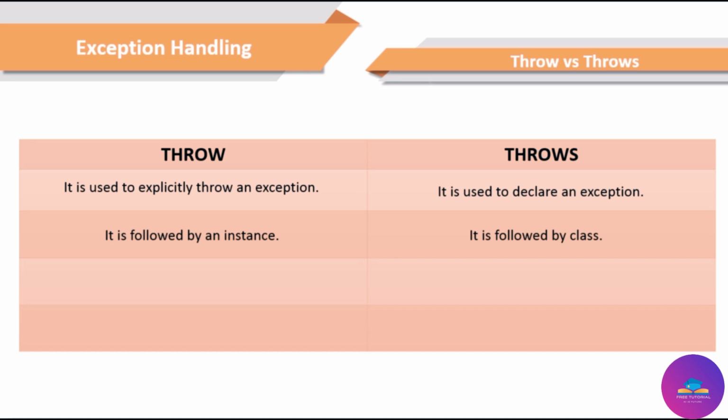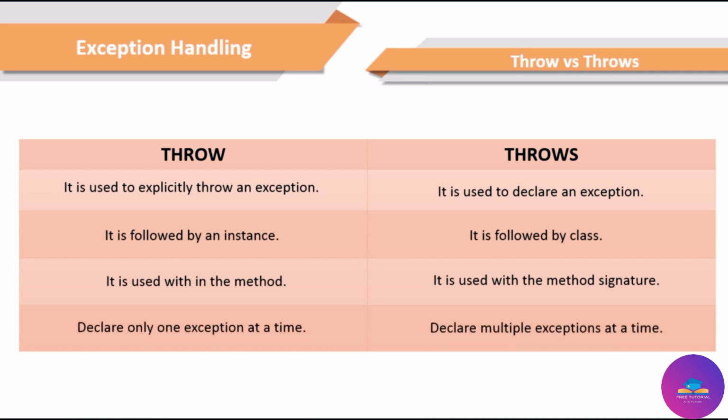Throws is followed by a class. The keyword throw is used within the method, and throws is used with the method's signature. Also, we can declare only one exception at a time with throw. But with throws, we can declare multiple exceptions at one time.